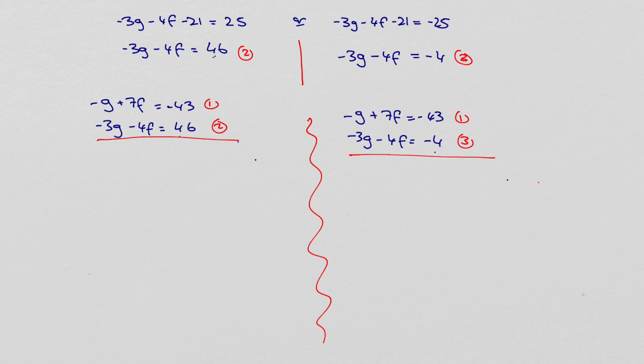Okay, sorry, I need to get rid of those lines there. All right, so I'm going to go for getting rid of g here. So I'm going to multiply the top line by minus 3. So that gives me 3g minus 21f is equal to plus 129.